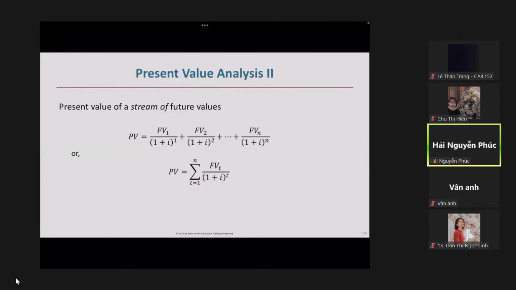Now the next point, suppose we have many periods, many years, for example, right? If we have many periods, then the present value of a stream of future values is going to be calculated in the following way.